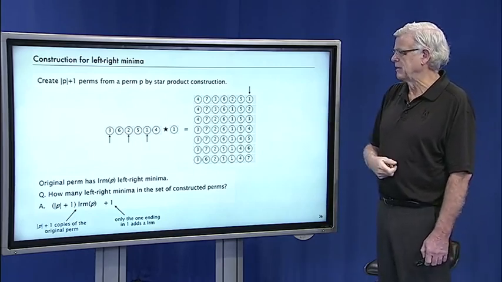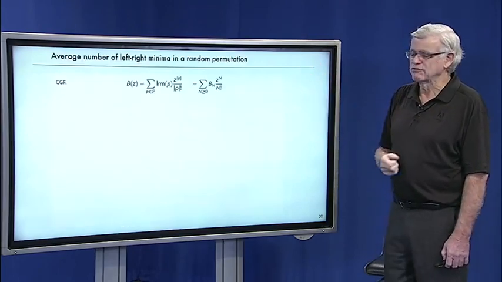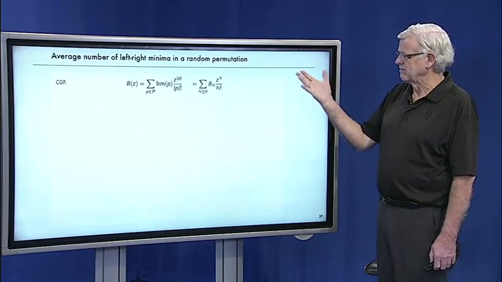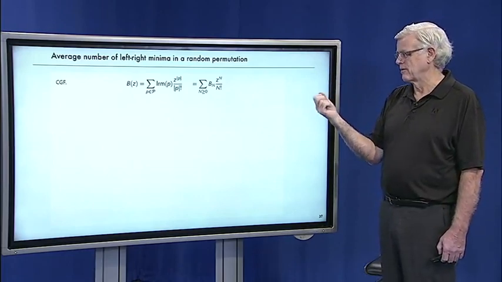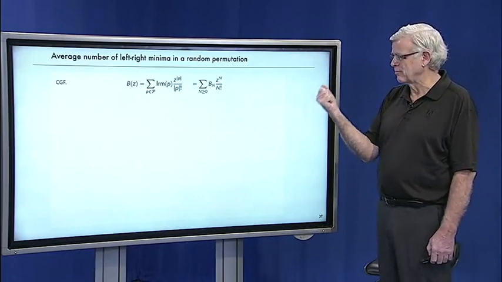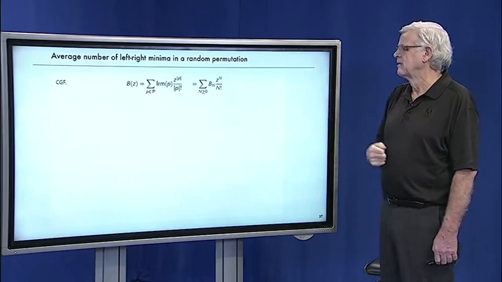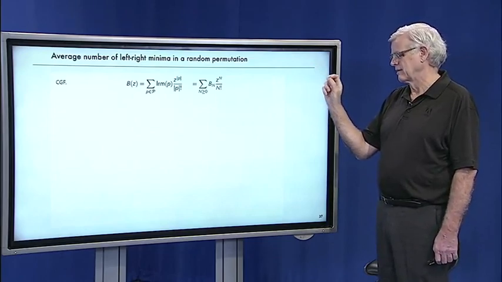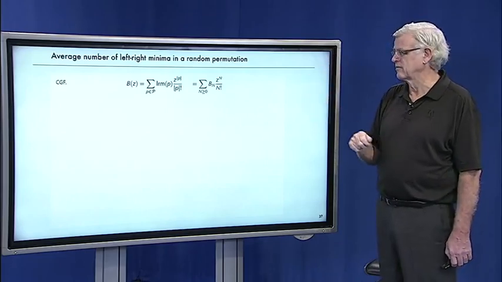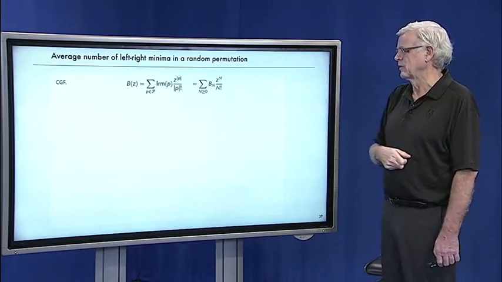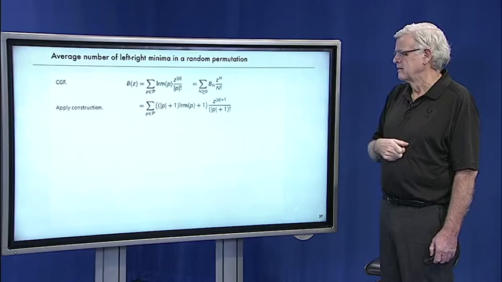So to compute the average number of left-right minima in a random permutation, we define the accumulated generating function, which is the sum for every permutation of its number of left-right minima times z to the size over size factorial. And again, if you group the permutations by their size, that gives the accumulated cost, the exponential generating function for the accumulated cost, which we denote B_n.